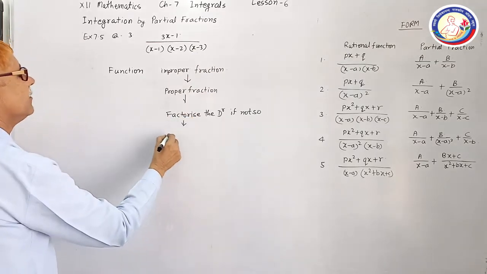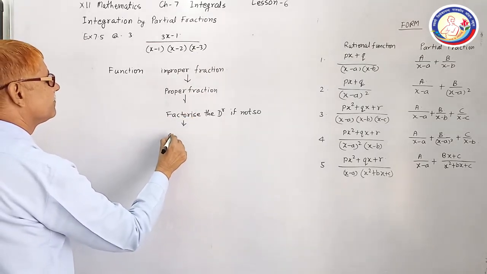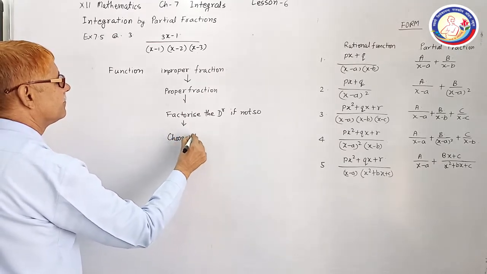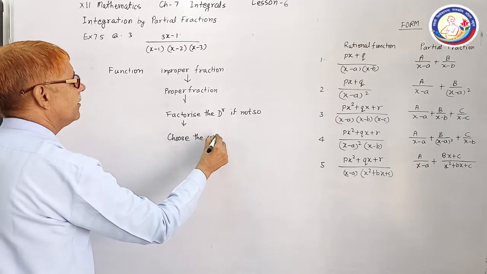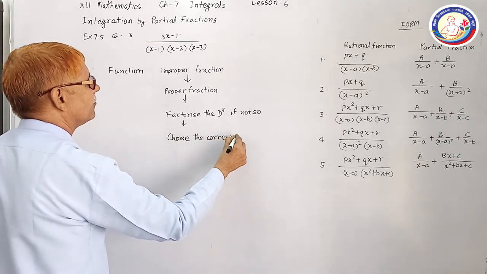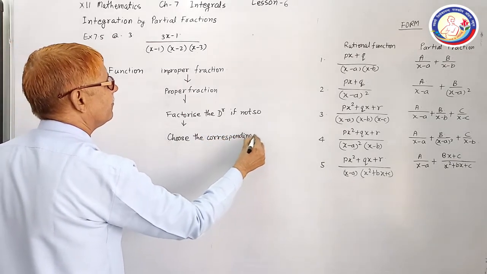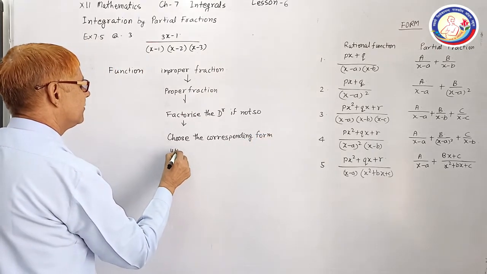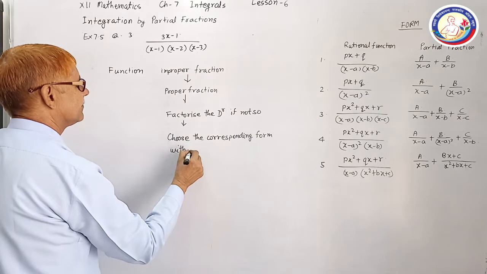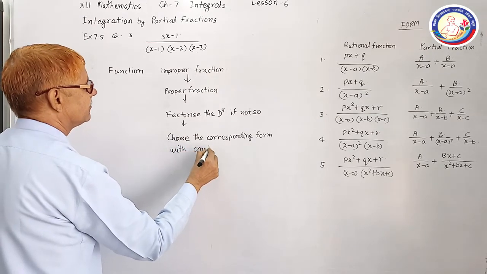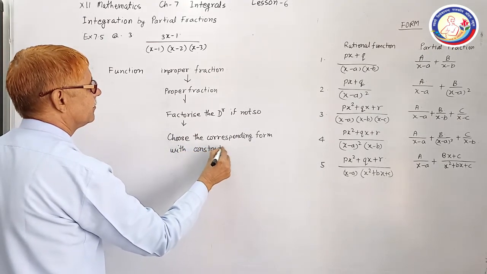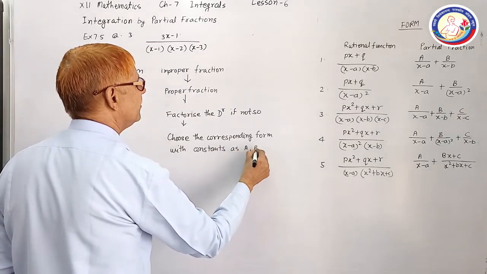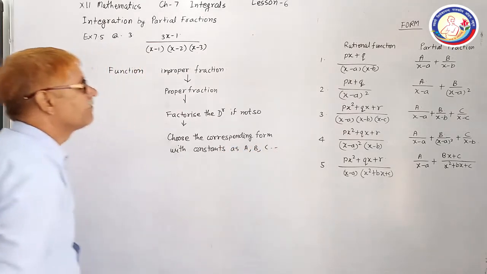Then choose the corresponding form with constants as A, B, C, etc.